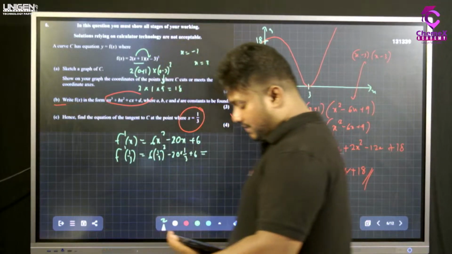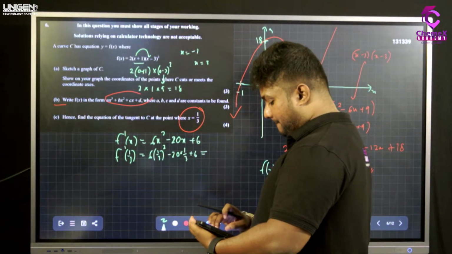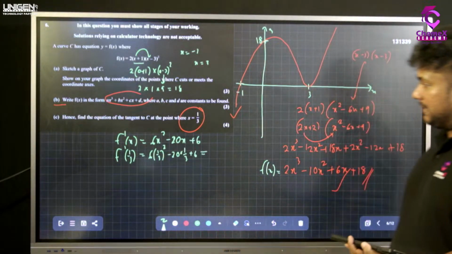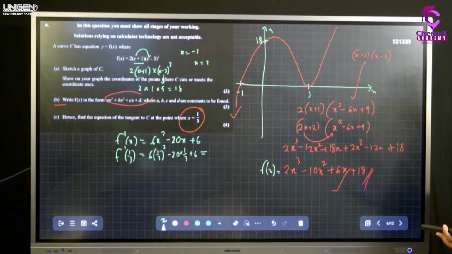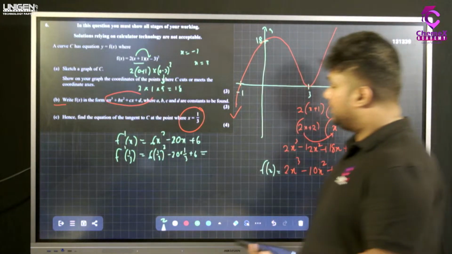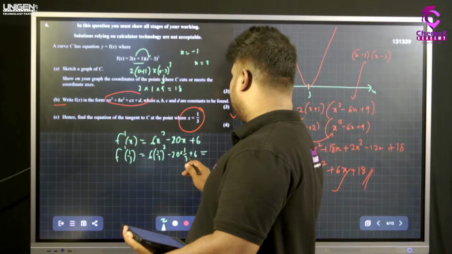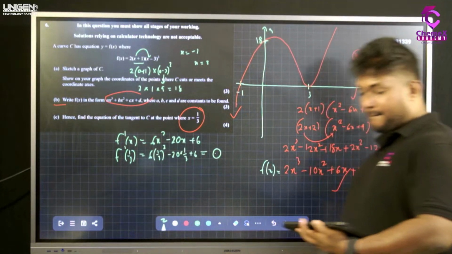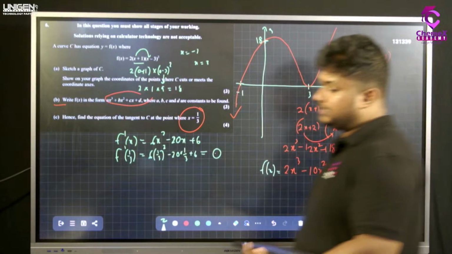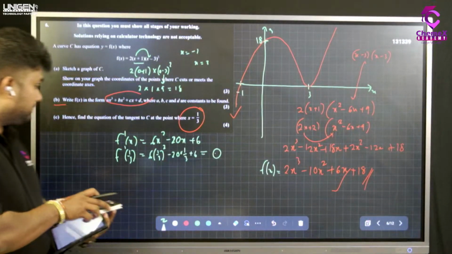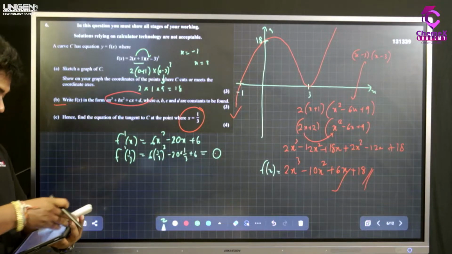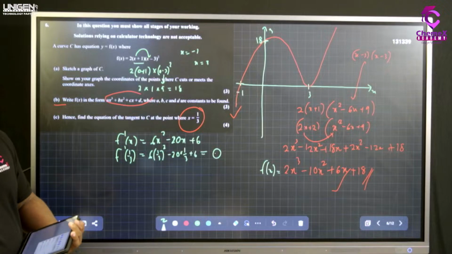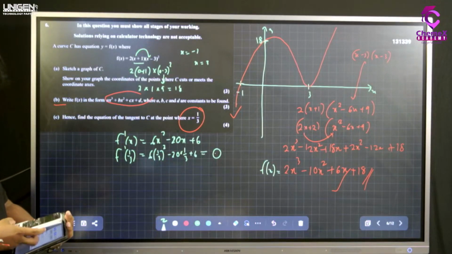What is that answer going to be? What's the answer? You type it, 1 over 9. Is it 0? Let me type. What's the answer?